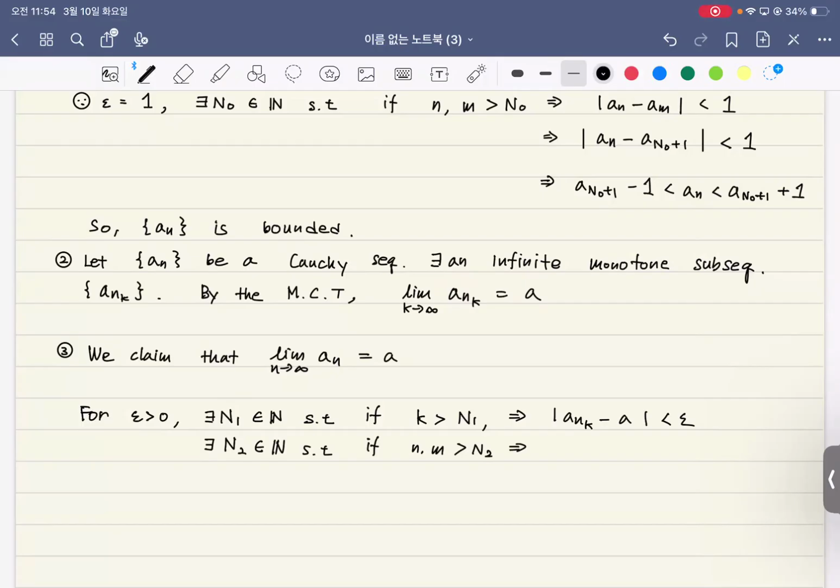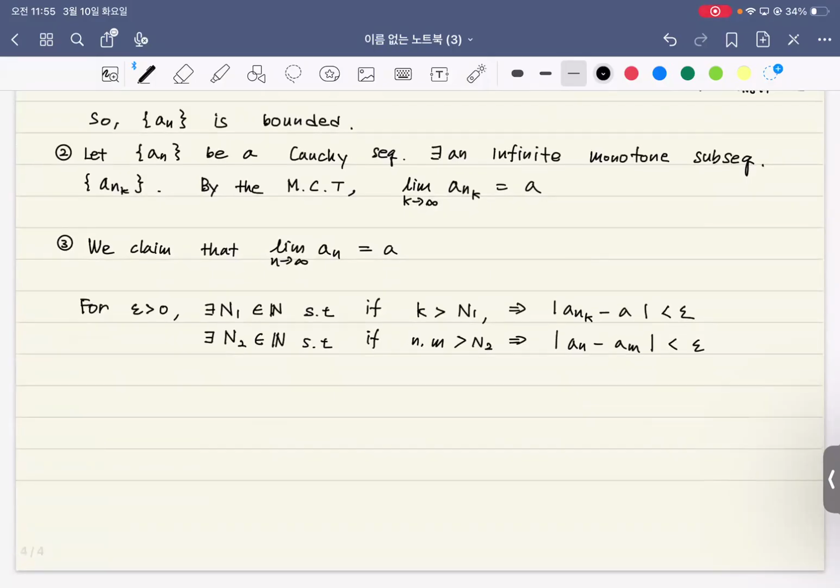Now we let n0 be the max of n1 and n2. If n is greater than n0, |a_n - a| is less than or equal to |a_n - a_{n_k}| + |a_{n_k} - a|.